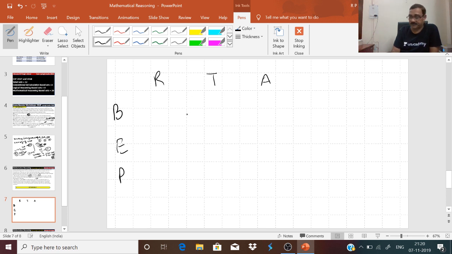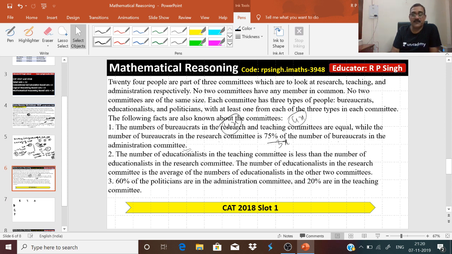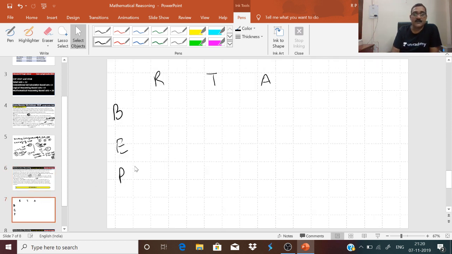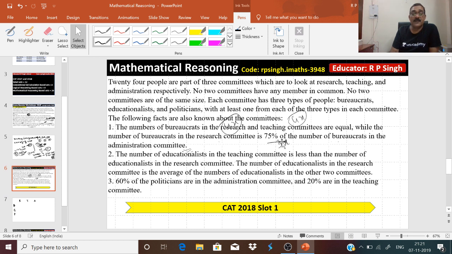Right guys? So as I took it as 4x, the others are 3x. In the research committee they are same, and 75% of the administrative committee. So if the administrative committee is 4x, then the others will be 3x and 3x. So we can write here.